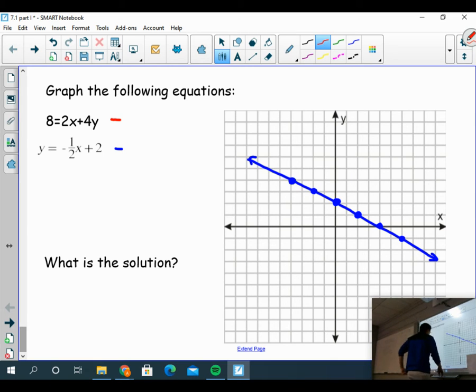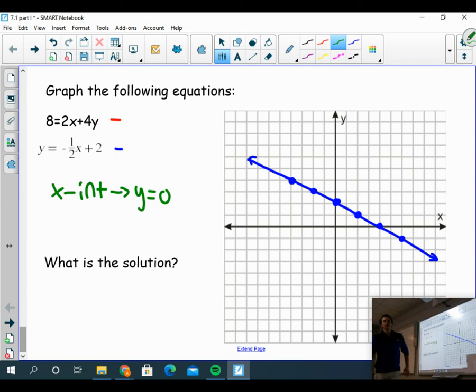So to graph in standard form, we've used the x and the y intercepts for quick graphing. How do I find the x-intercept? Well, the x-intercept, if we remember, occurs when y equals 0. Again, if this is all foreign to you, go back and watch the 6.2, 6.3, and 6.4 instructional videos. To find the x-intercept, I'm going to plug in 0 for y.